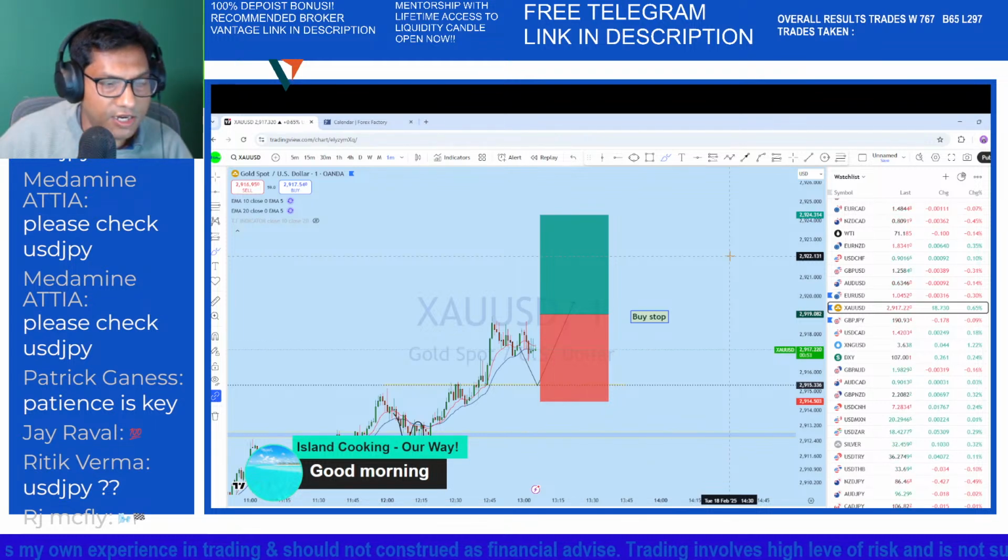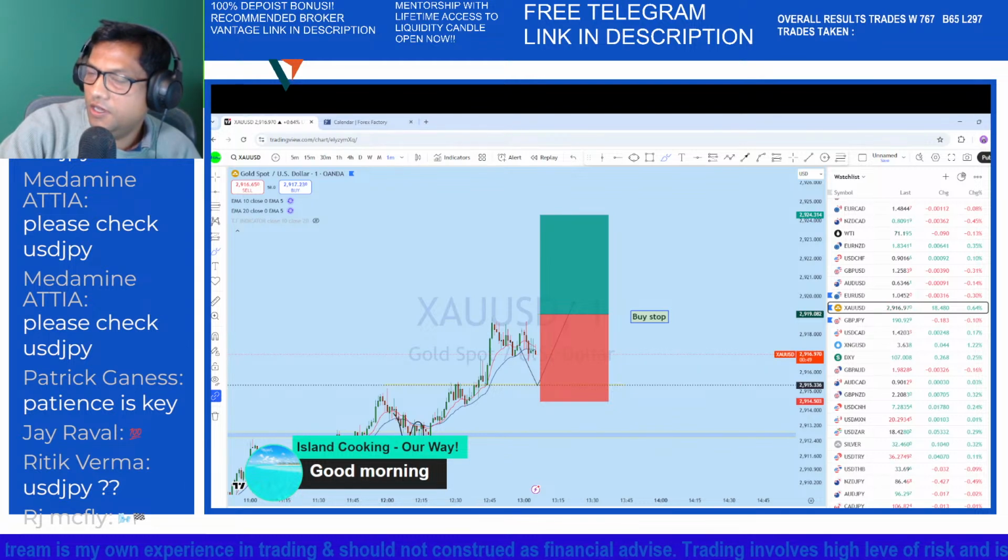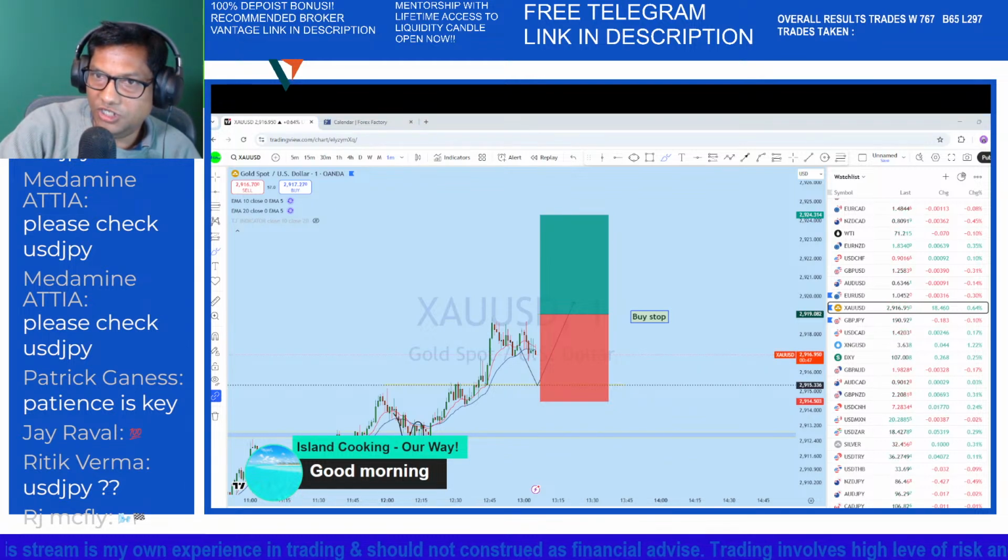So if the market manages to break out, we will be in the trade, or we will be waiting patiently for a new arrangement of the setup. Depending on how the market is reacting, we will be doing trading based on that.